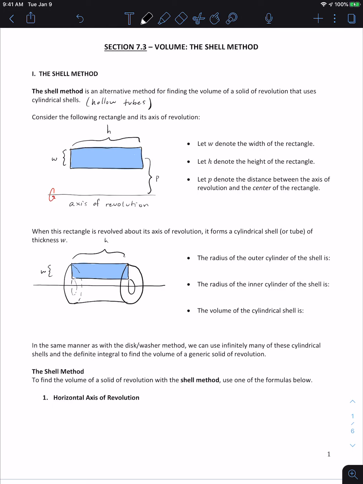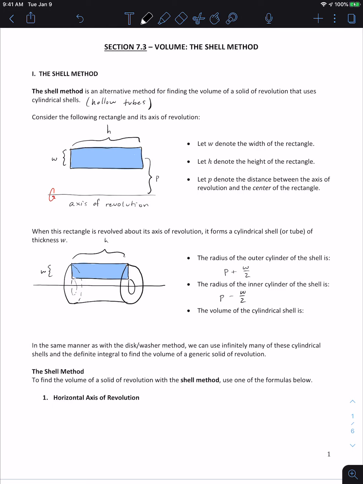So the radius of the outer cylinder is not just P, because I need it to go from the axis of revolution all the way up to the top of the rectangle. So it's not P plus W, but P plus W over 2, because W over 2 is this distance right here. So the outer radius is P plus W over 2. The inner radius is P minus W over 2, for the same reason.